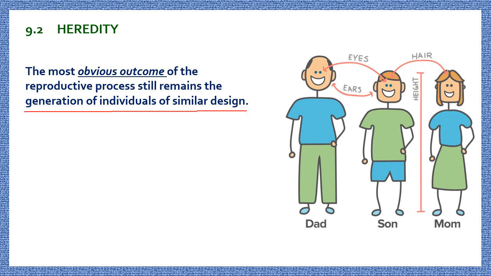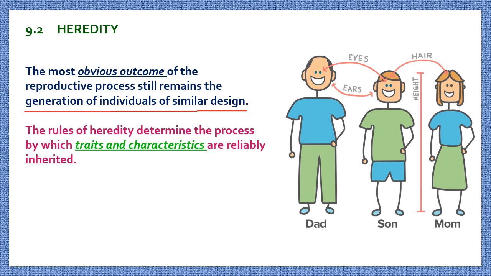That is the general outcome of reproduction, just to produce the next generation, or to produce the new generation. The rules of heredity determine the process by which traits and characteristics are reliably inherited. Now let us take a closer look at all these rules.